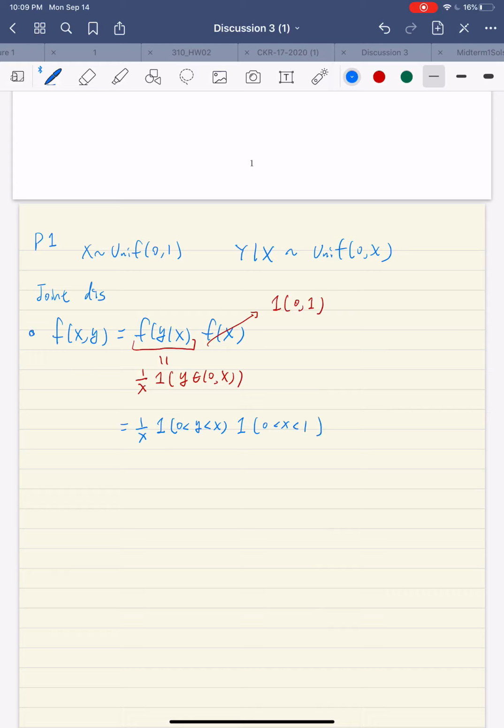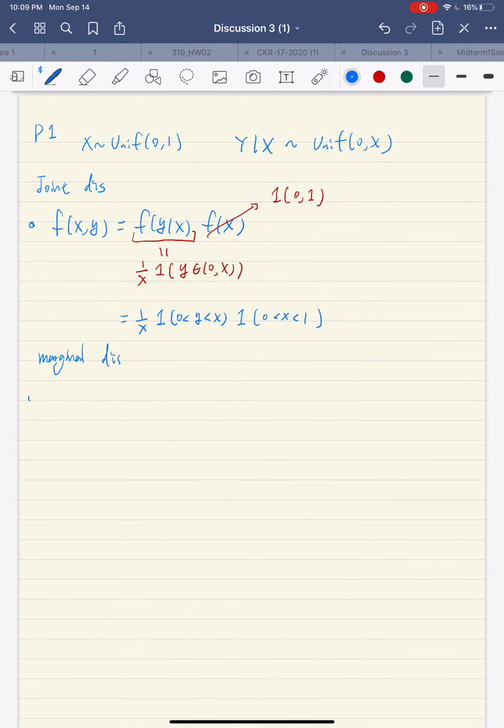The marginal distribution of x is easy; from the definition we know it is this one.